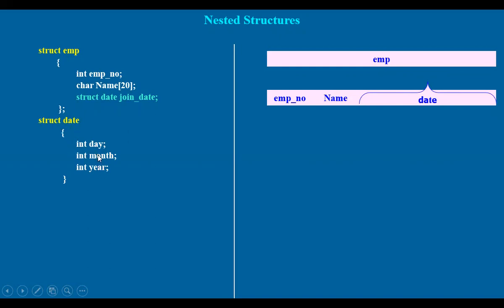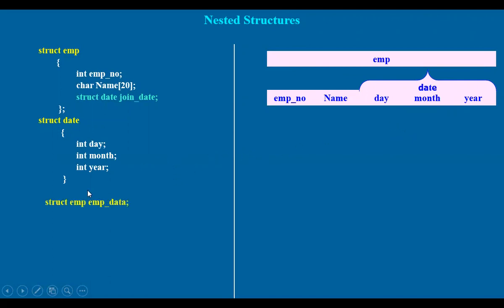It has three fields: day, month, and year. So this is the outer structure, and inside this, we have another structure named date. So this is the way we see the structure.